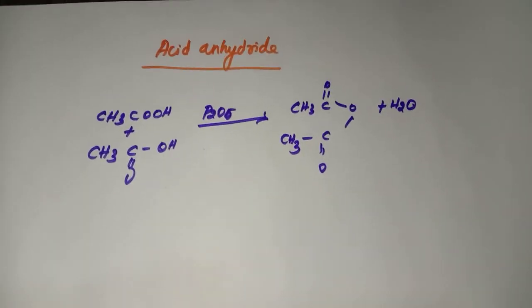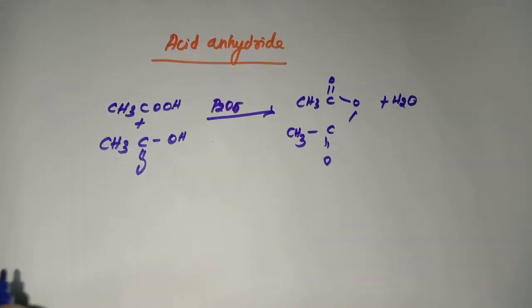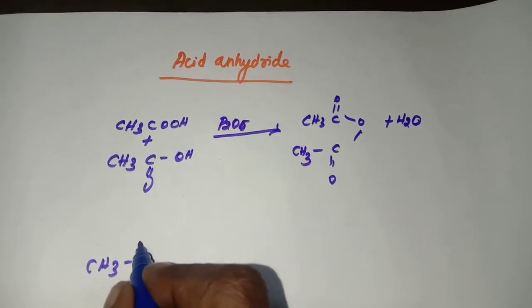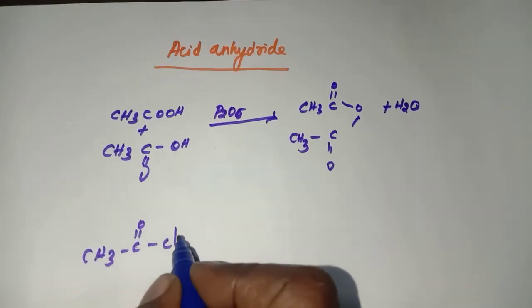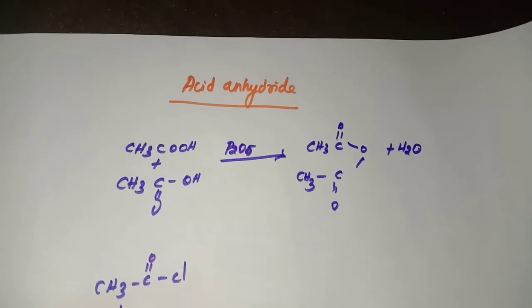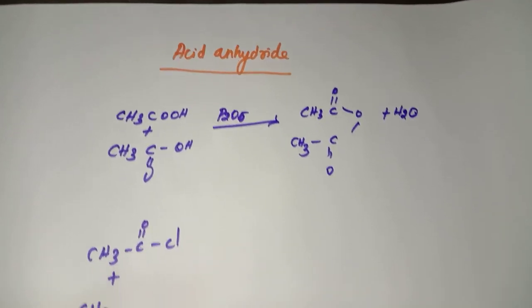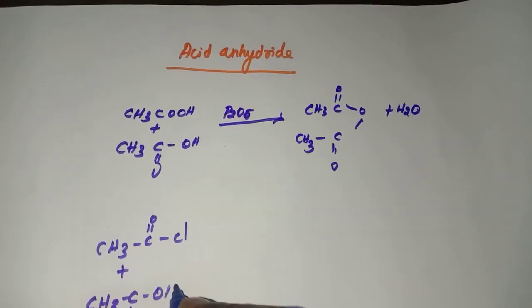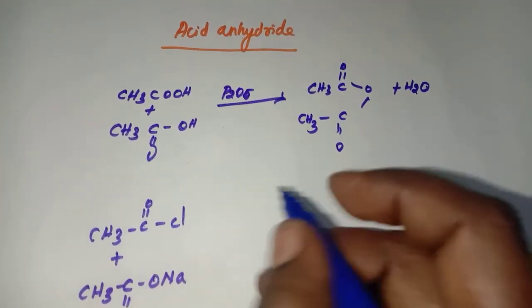Next method of preparation is when acid chloride, CH3C=O Cl, acetyl chloride, is treated with sodium salt of acetic acid, that is CH3C=O ONa. This is sodium salt of acetic acid.